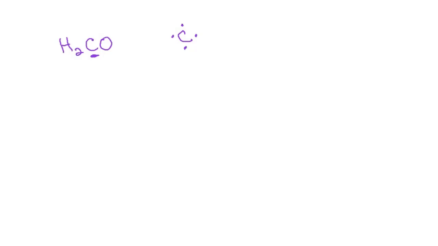They're all alone on either side of carbon. So if carbon has the most lonely electrons, then carbon's going to go in the middle. And then you're just going to put one hydrogen on either side of the carbon and an oxygen on another side of the carbon.